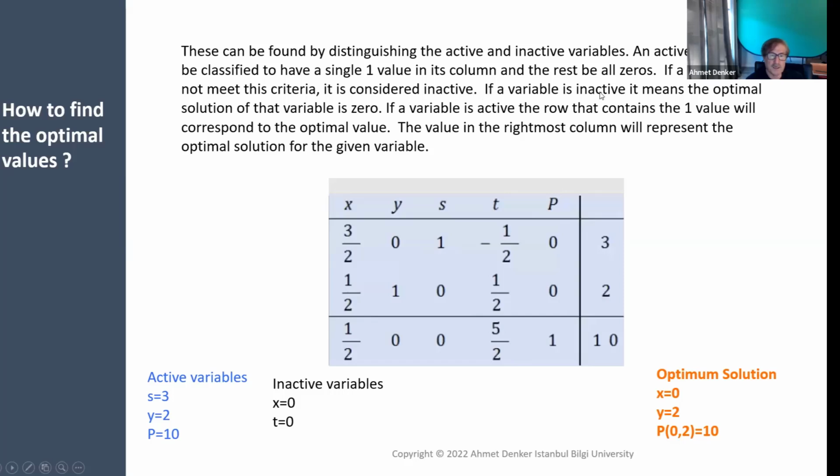If a variable is inactive, it means the optimal solution of that variable is 0. So I put them 0 here. If a variable is active, the row that contains the one value corresponds to the optimal value. So for the y, it is 2. For the s, it is 3. And at the optimal solution, only the real variables, not the slack variables, are considered. So this becomes my optimal solution.